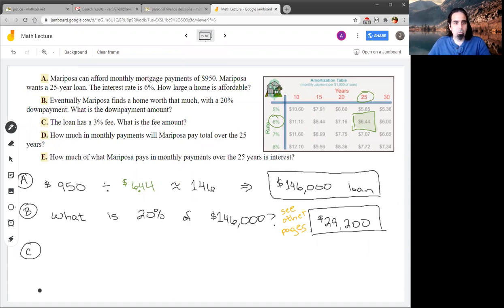What is the fee amount? So the trick here is that we're not asking what's 3% of 146,000. Why not? I'll give you a hint because I've lied to you. This word here shouldn't actually be loan.